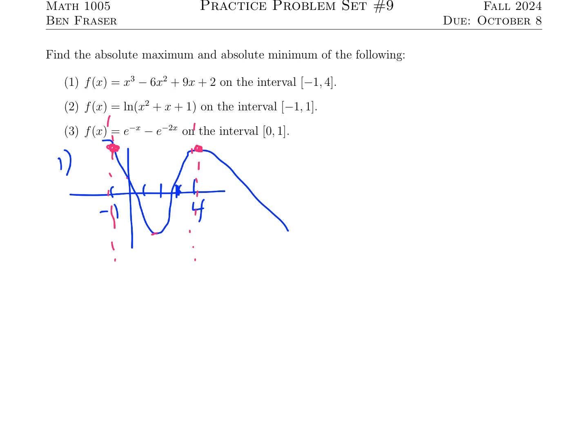And then here we have a minimum, and there doesn't seem to be a lower point than that between -1 and 4. So what we have to do is, first of all, find the first derivative. So we would have f prime of x equal to 3x squared minus 12x plus 9. We're going to set that derivative equal to 0.